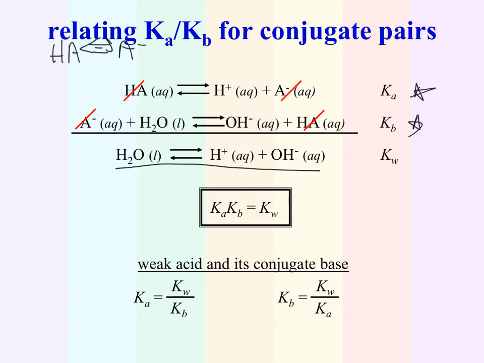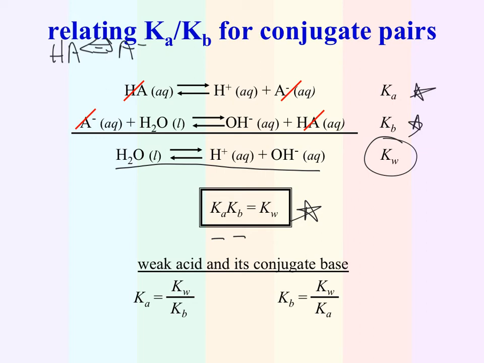This expression is directly related to our equilibrium expression for the autoionization of water. So that leads us to this relationship: the Ka and the Kb of conjugate pairs, when you multiply those values together, you will get Kw.